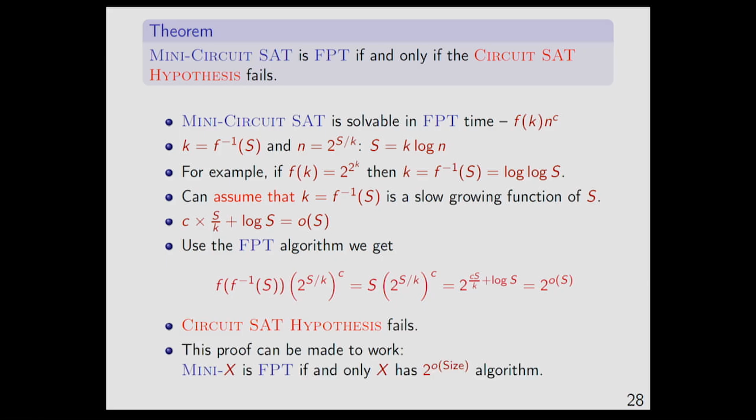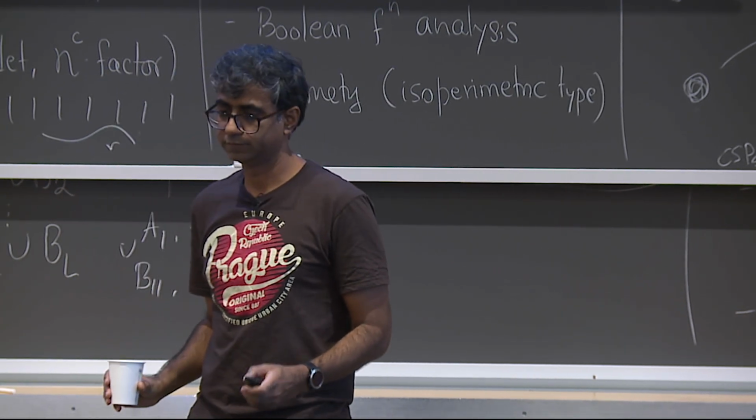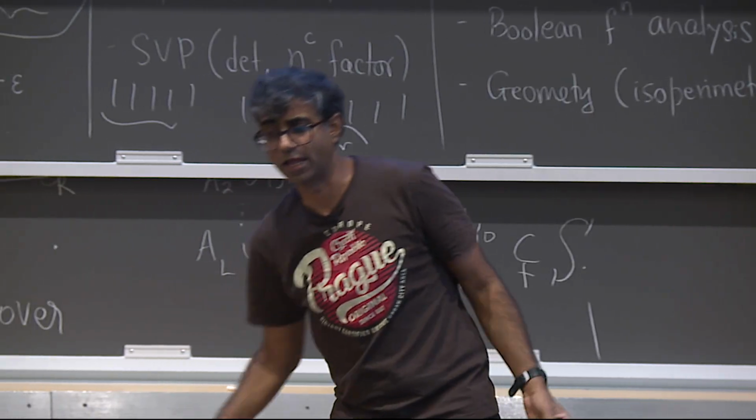This proof can be made to work for any problem. Mini x is FPT if and only if x has a 2 to the power little o of size algorithm. This is very important. This will come to help us in a minute. Okay? So what is mini 1, or M1?